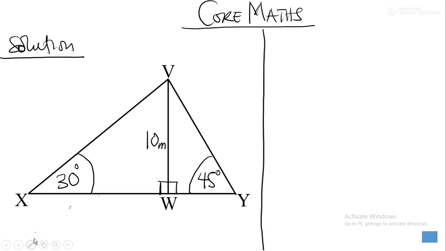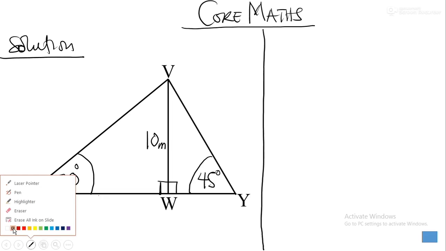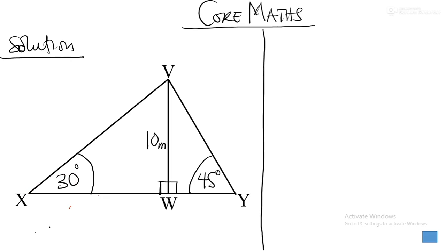Right. So here we will look for the appropriate trig ratio to use. Here we have our opposite, which is 10, and XW will be our adjacent to the 30-degree angle. So the appropriate trig ratio to use is tan 30 degrees.